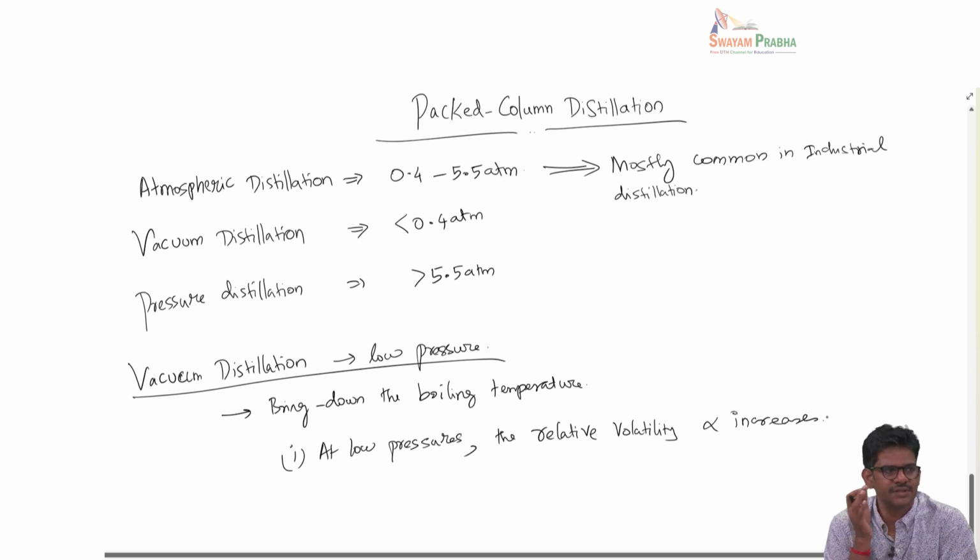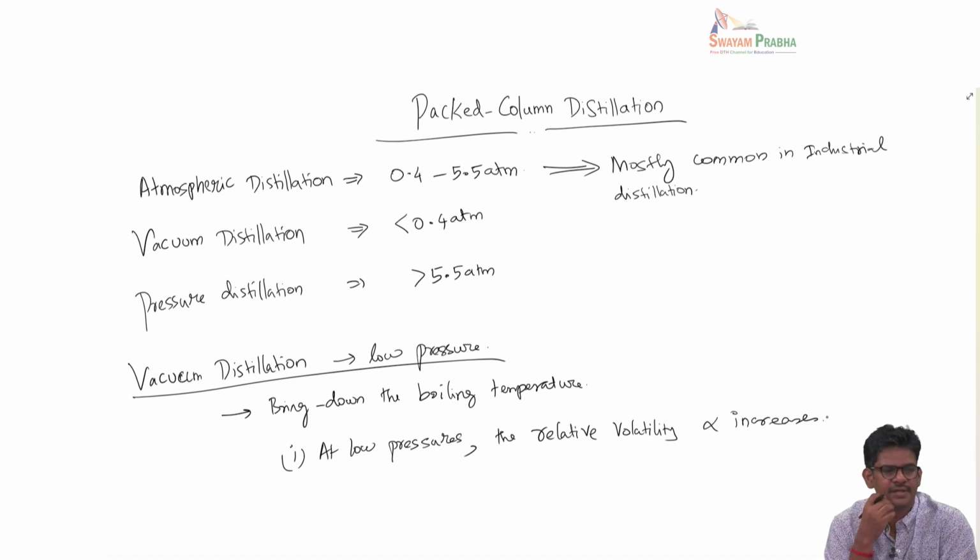When we change the pressure, we change the VLE data itself. When we reduce the operating pressure, the relative volatility increases, and we know that alpha is related to the ease of separation. When alpha is more, the separation can also be effected very easily.